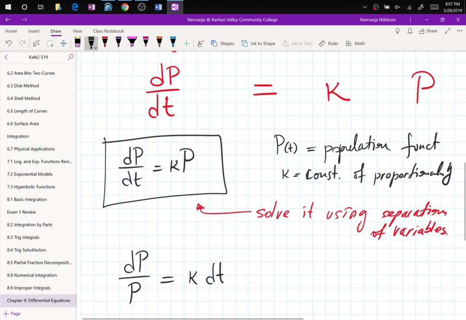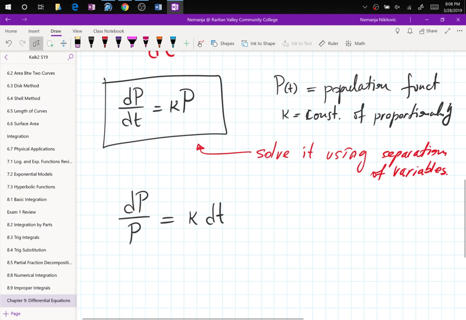So what have I done? I divorced dP from dt, used just basic arithmetic to move stuff around, and now you see that your left side is solely P's, which is the population variable, and the right-hand side is solely t's, which is time as a variable. It doesn't matter which side k is on, right? It's just a constant. This is separation of variables, not separation of constants. So k can go on any side.